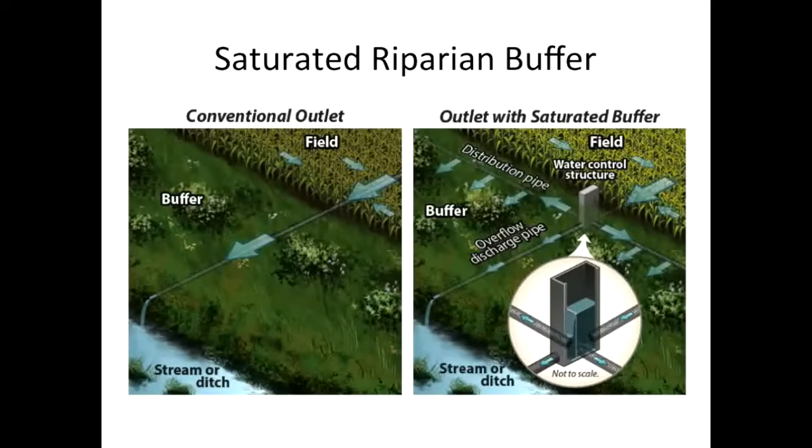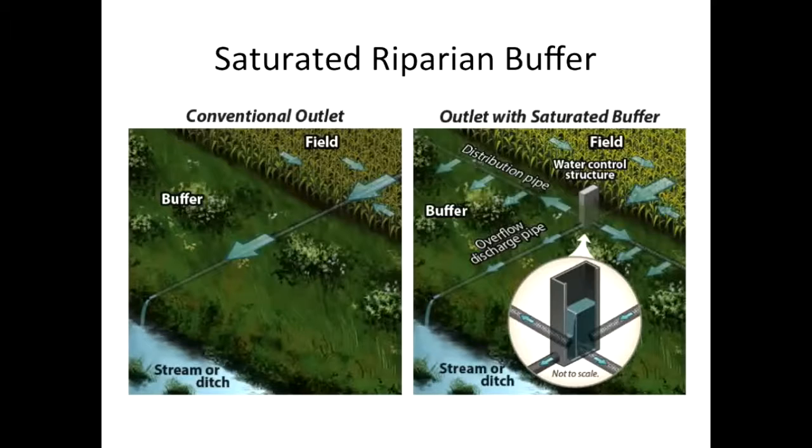High flows are still allowed to come through and go into the stream, but we found that in the work that's been done, Dan James in our lab has been monitoring these. Actually there's a number of these in Illinois and Indiana and Minnesota, and the research is ongoing on this, but it's an inexpensive practice that seems very effective.